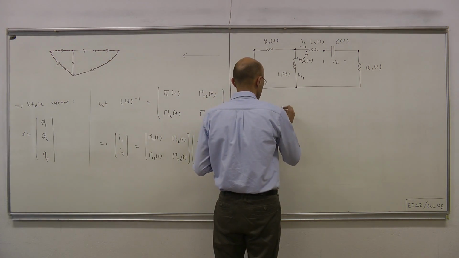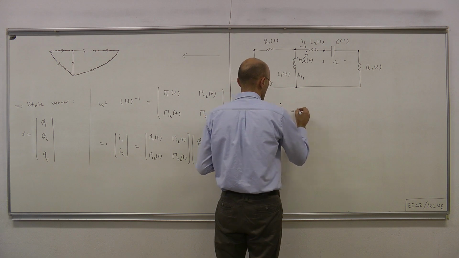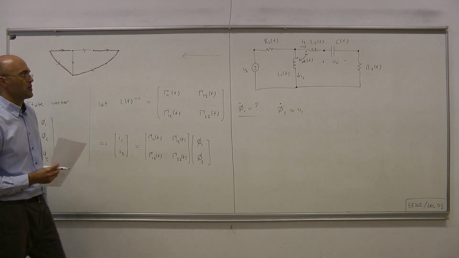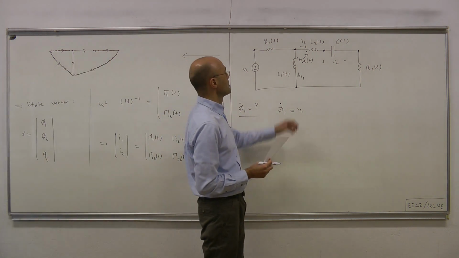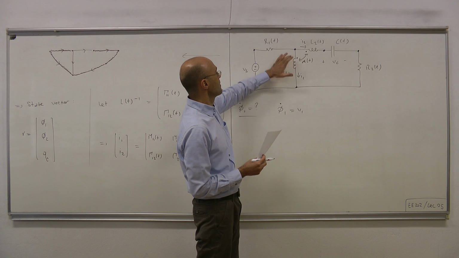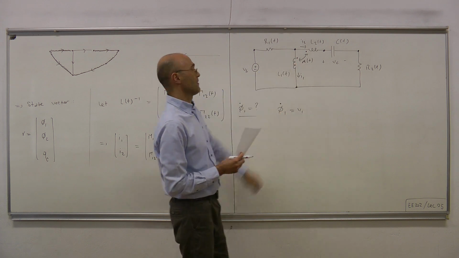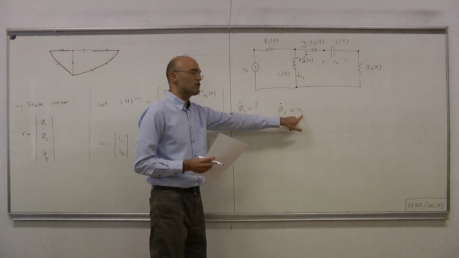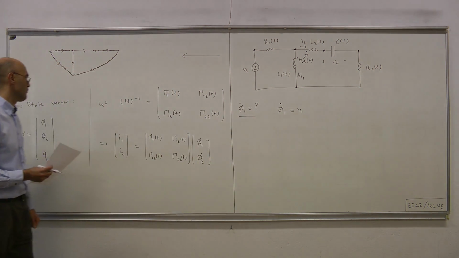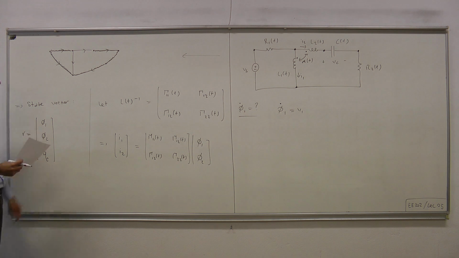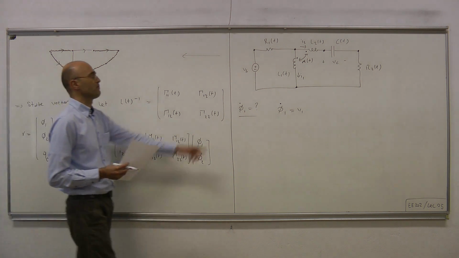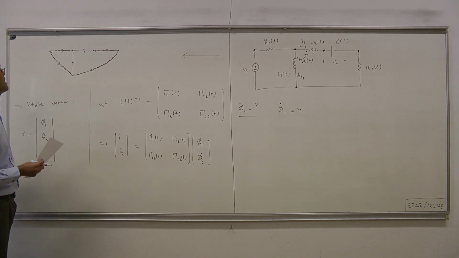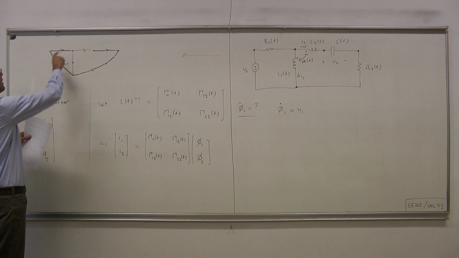Phi1 dot, okay, by Faraday's law equals the potential difference across the terminals of the first coil, plus minus V1. And then let's try to express this voltage V1 in terms of our state variables phi1, phi2, Qc, and also perhaps the input Vs. For that, we're going to make use of KVL.